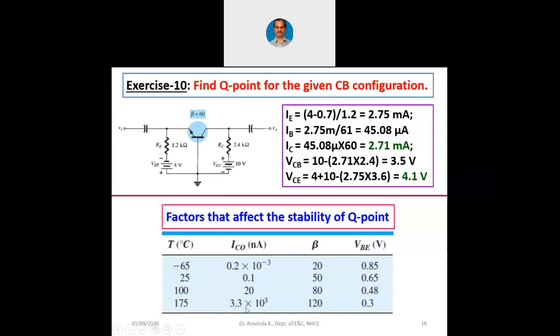Why? When the temperature increases, the charge carriers will gain energy from the temperature. Always the electric current is directly proportional to the temperature. The more the temperature, the more is the flow of charge carriers, because temperature itself is the source of energy for the charge carriers.